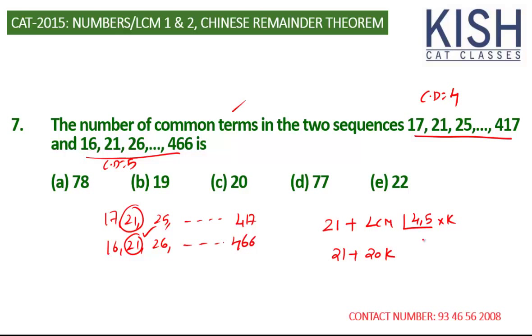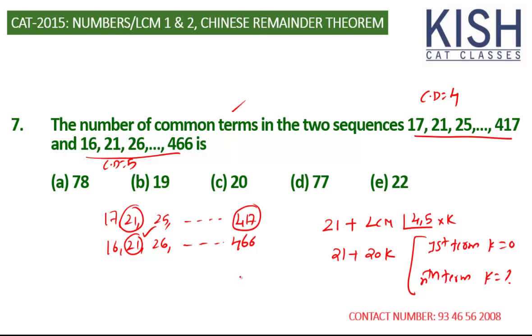K equal to 0 gives the first term. So we need to find the nth term. But do remember, the nth term cannot be more than 417. It has to be less than or equal to 417.